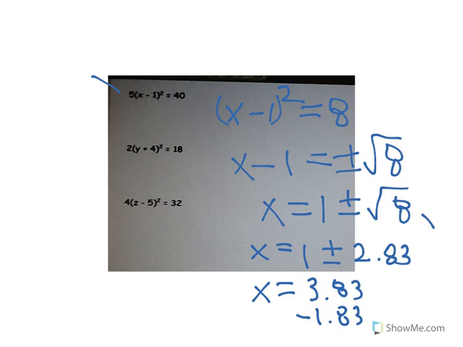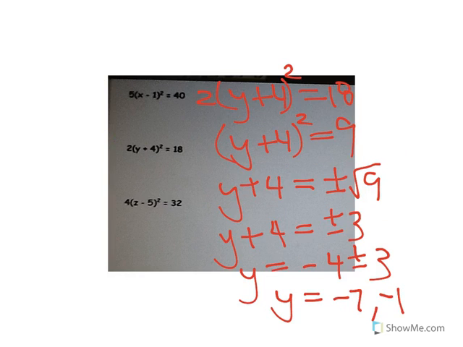And that's how it works. I'm going to do this one as well. I did this problem out, and I just want to walk you through it a little bit. I rewrote it up here, and then divide by 2. When you divide by 2, you end up with y plus 4, that whole expression squared, is equal to 9. Now you take the square root of both sides, and remember that plus and minus piece.